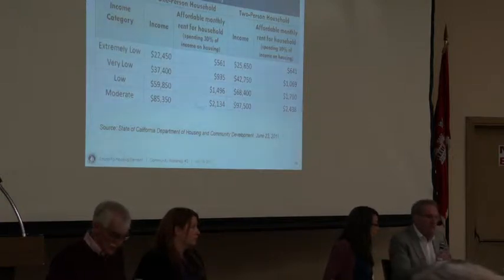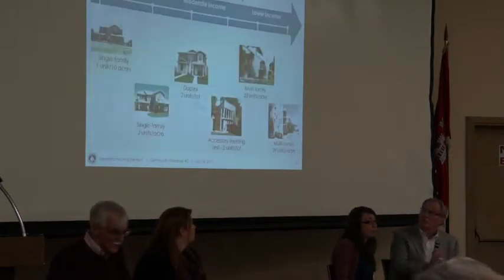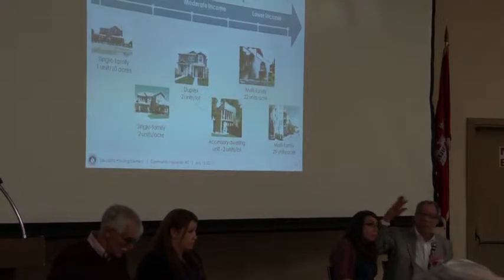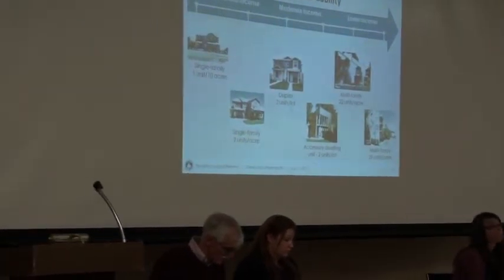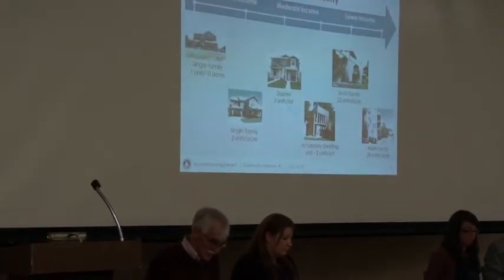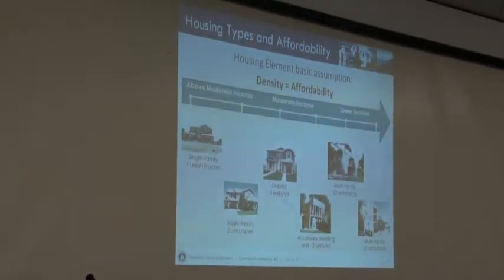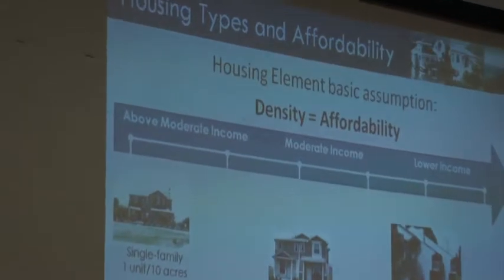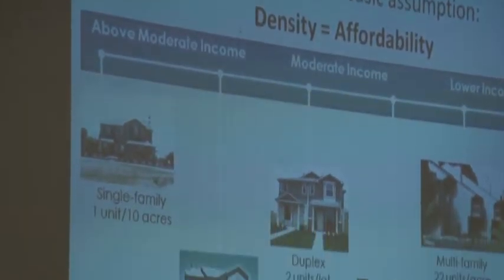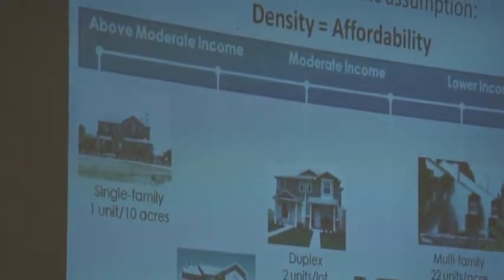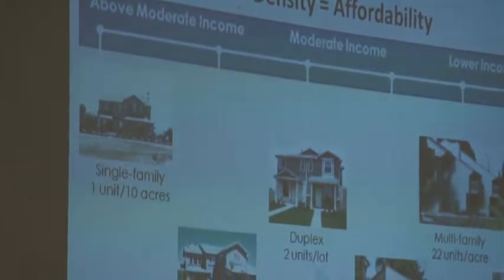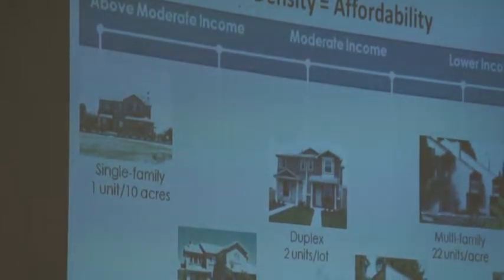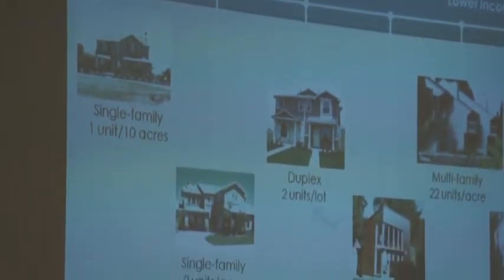And if you look at this next graphic, you'll see what these different income levels and density standards look like, and these come from just our photo library. Again, according to the theory, density equals affordability, and the more dense you are, the more affordable your property is.